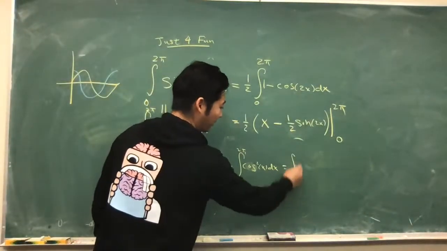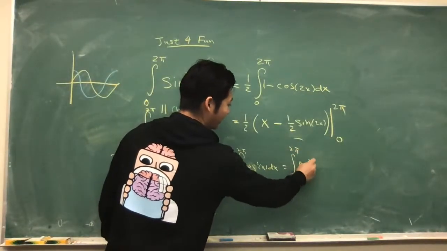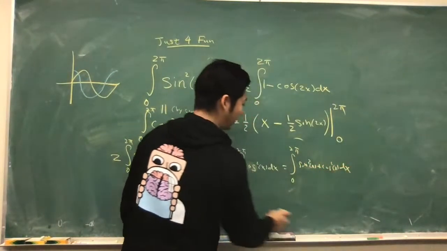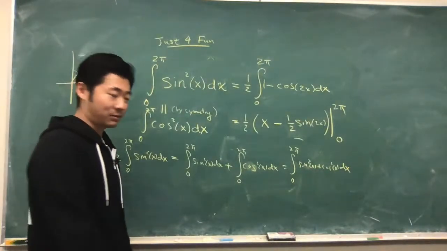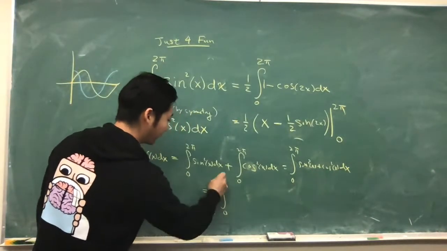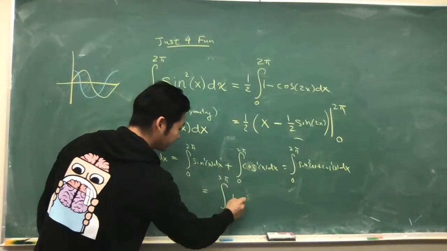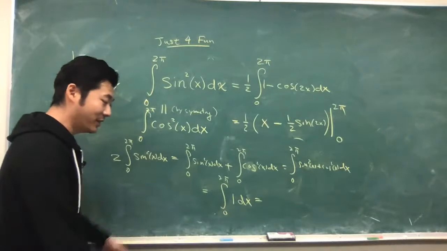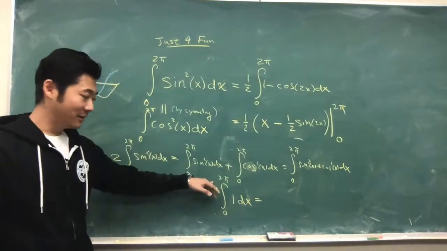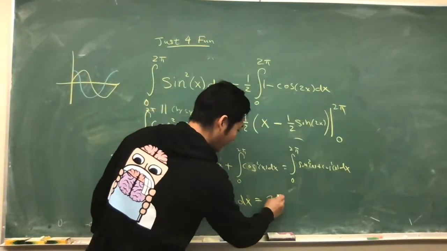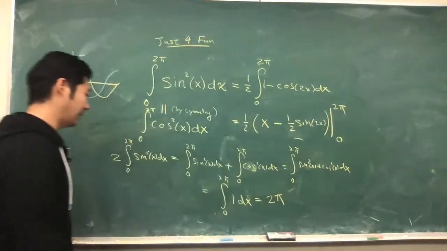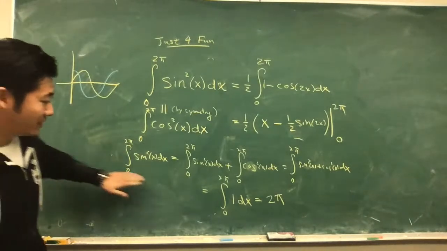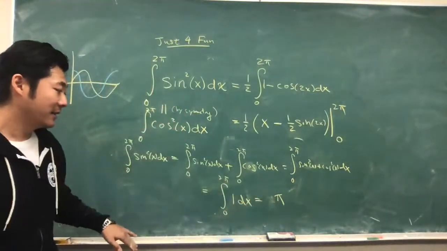So this is the integral from 0 to 2 pi of sine squared plus cosine squared. But sine squared plus cosine squared is 1. And so this is just the area of 1 from 0 to 2 pi. So it's 2 pi. And so if we divide this by 2, we get that it's pi.